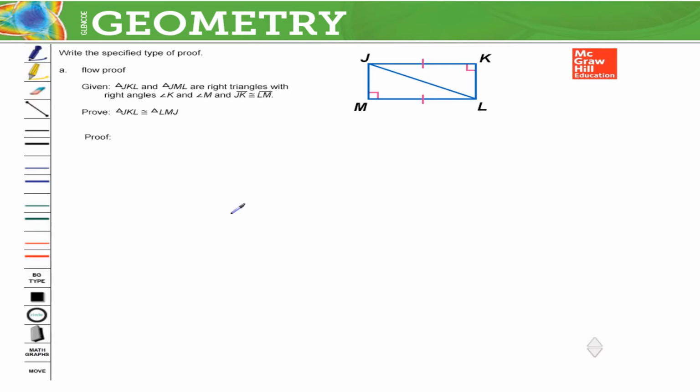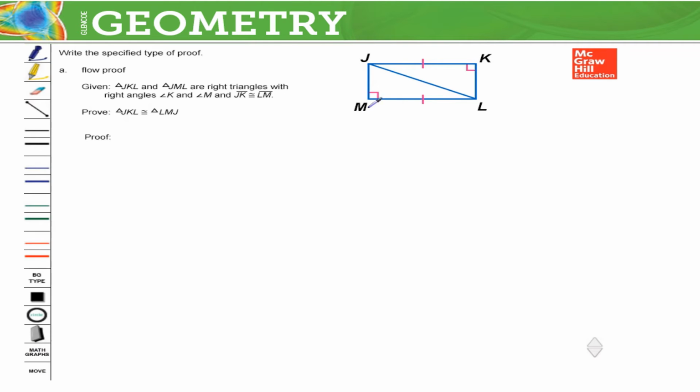Write the specified type of proof. Part A, flow proof. Given triangle JKL and triangle JML are right triangles with right angles angle K and angle M, and segment JK is congruent to segment LM. Prove triangle JKL is congruent to triangle LMJ.